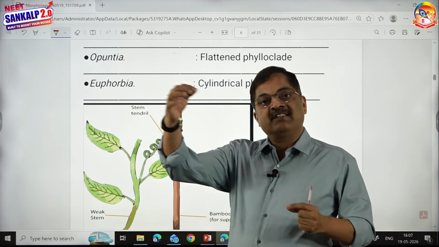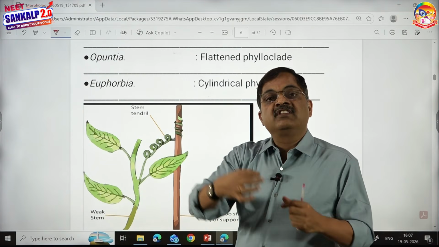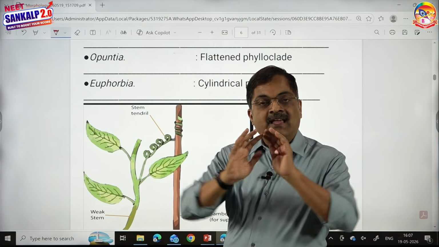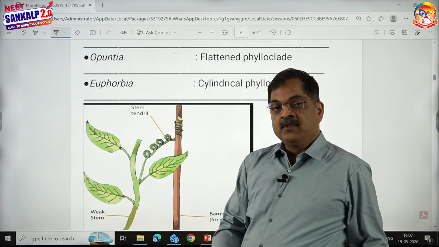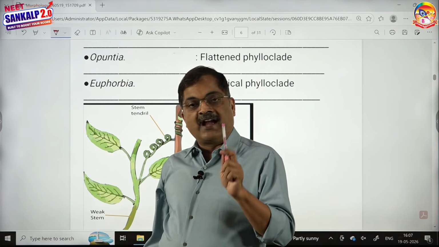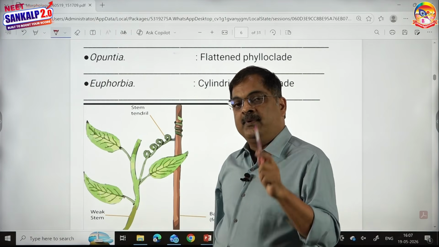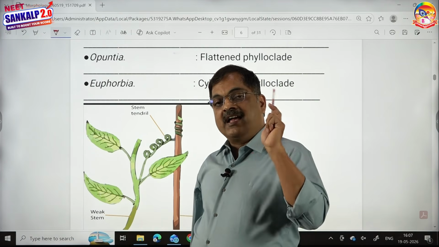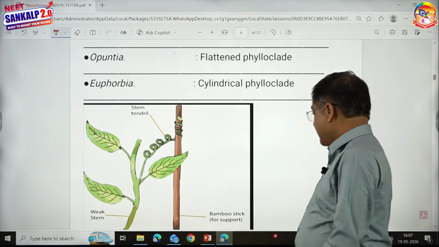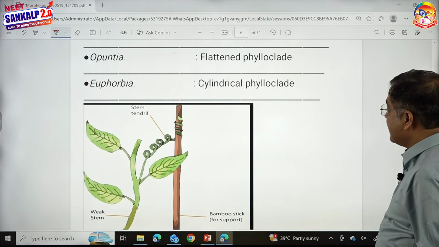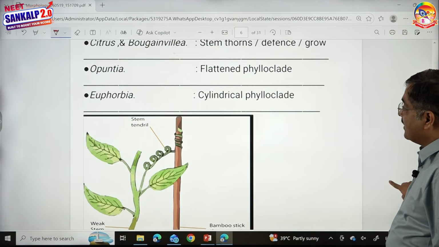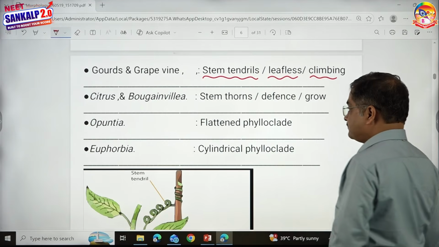So when a bud is developing, it is the stem which is developing. So if a bud is going to give rise to any structure, invariably underline it as a stem modification. Agreed? This is an example of stem tendrils. Gourds and grapevine are examples of that.